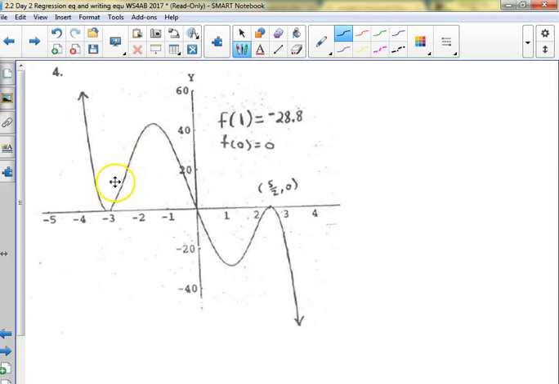Where are the zeros on this picture? Can you tell where they're supposed to be? -3, 0, and 2.5 or 5/2 right there. Okay.